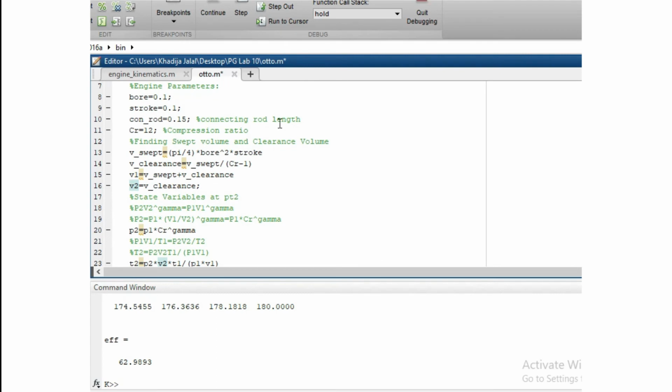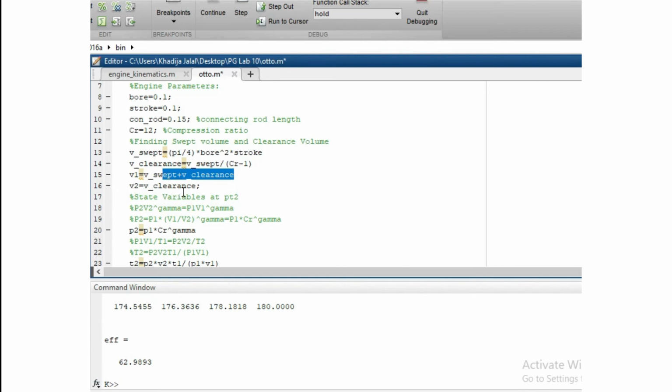So students, after finding the swept volume and clearance volume, we will find the volume at state 1 and state 2. As at state 1 the piston is drawn up, so it compresses the fuel air mixture. So V1 is the combination of the swept volume and the clearance volume.